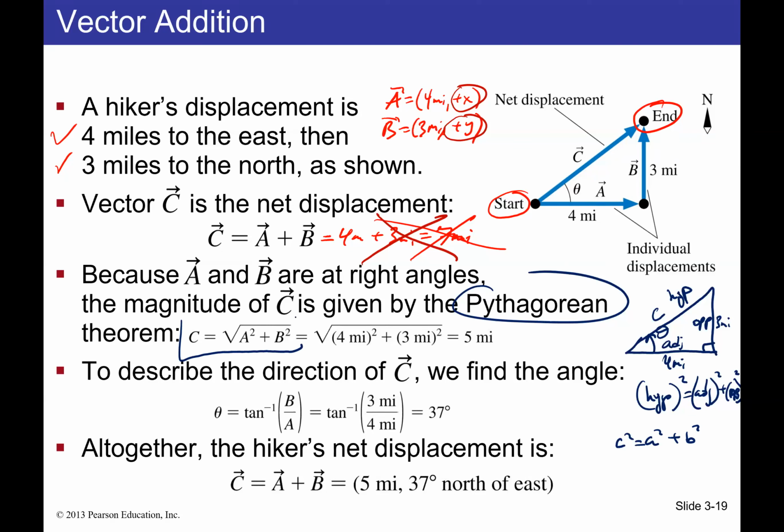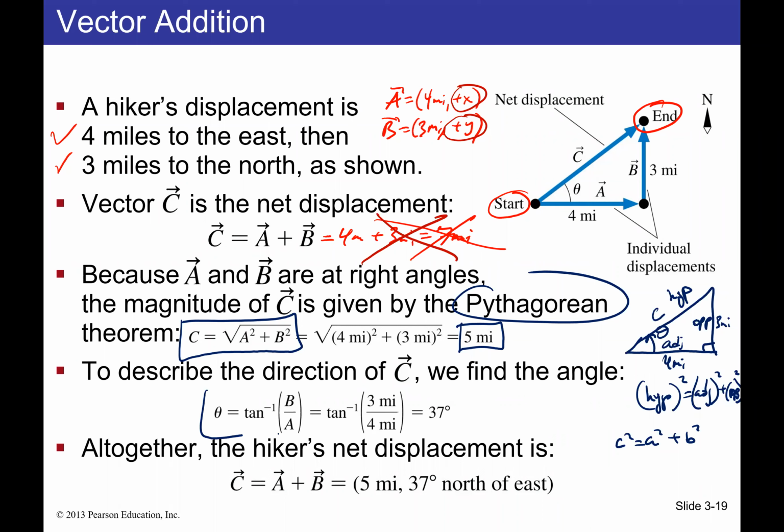I can use this equation to calculate the size, or the magnitude, of vector C. Vector C is my hypotenuse, which means the Pythagorean theorem allows me to calculate the size of the hypotenuse, which ends up being the magnitude of vector C. In this case, what I will get here is 5 miles, which is the correct answer. So 5 miles is the size of vector C.